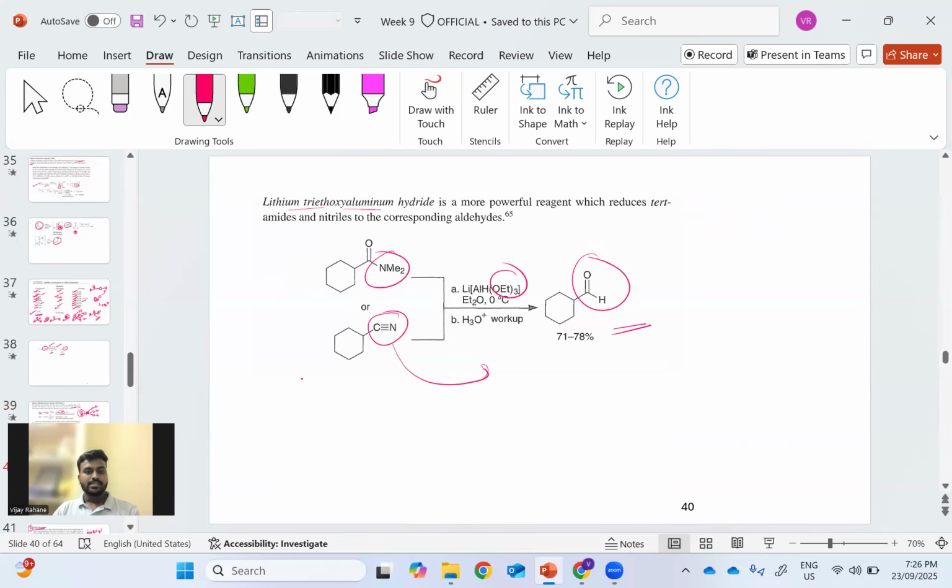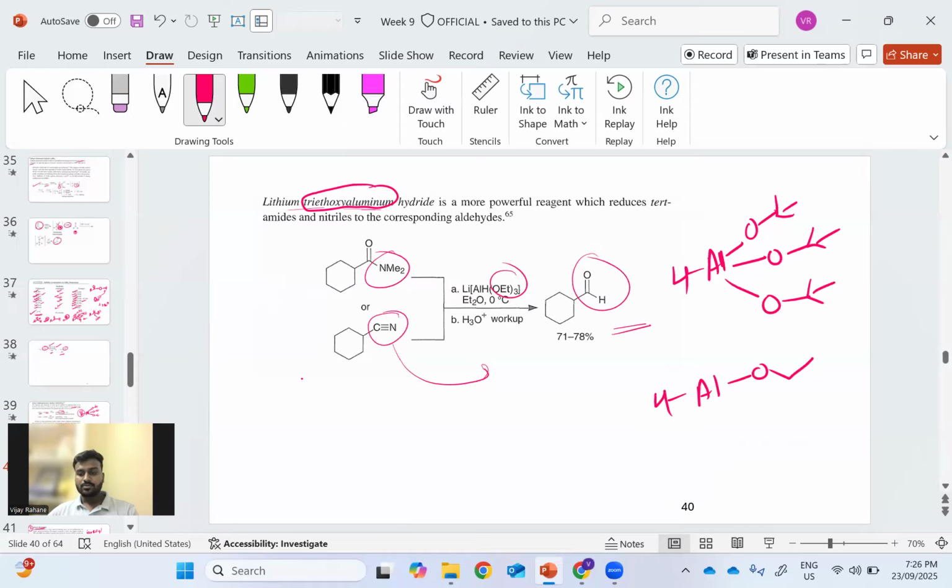Then we have lithium triethoxy aluminum hydride. Earlier we have seen the tri-tert-butoxy, this reagent, right? Now here we have the triethoxy. So instead of the tert-butyl group, here there is only an ethoxy subunit.